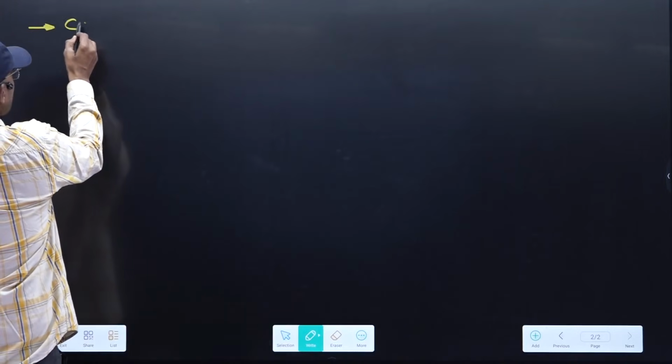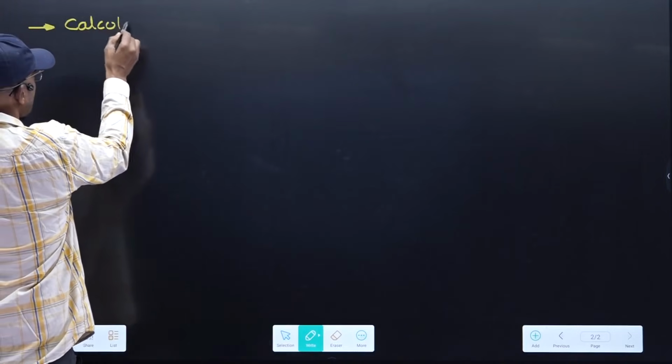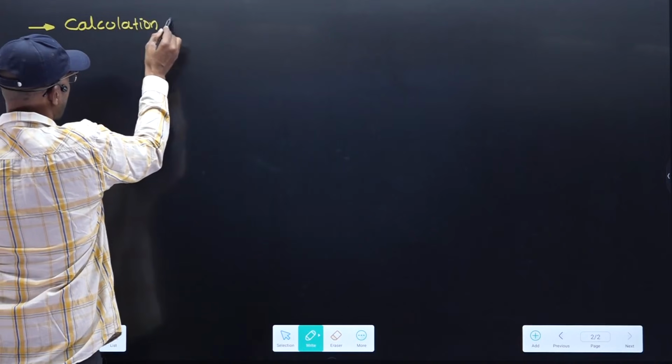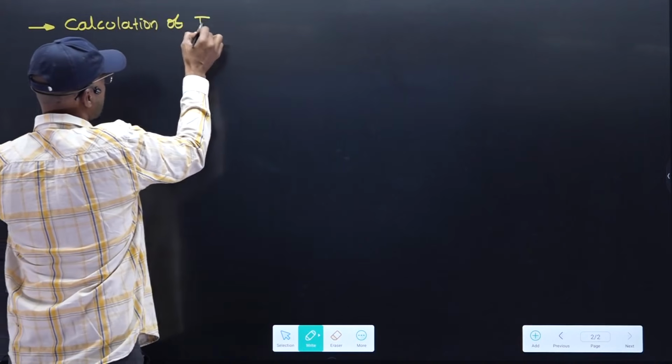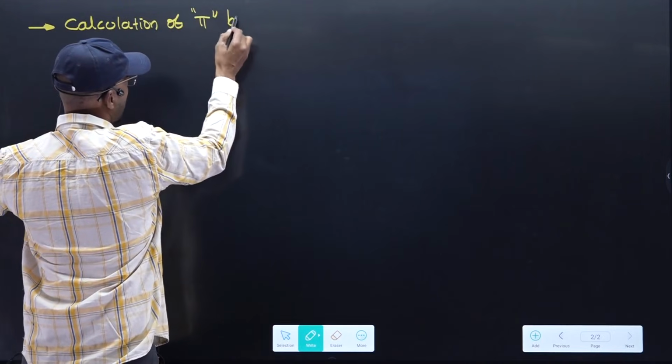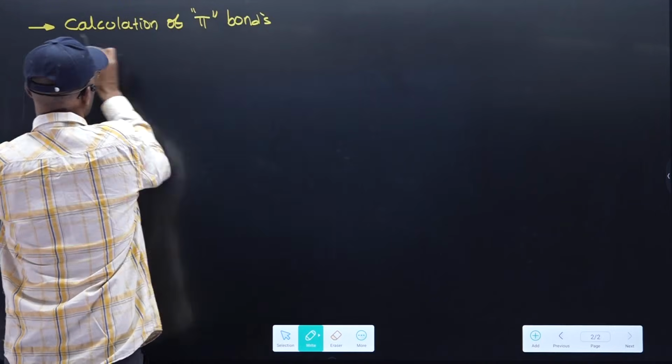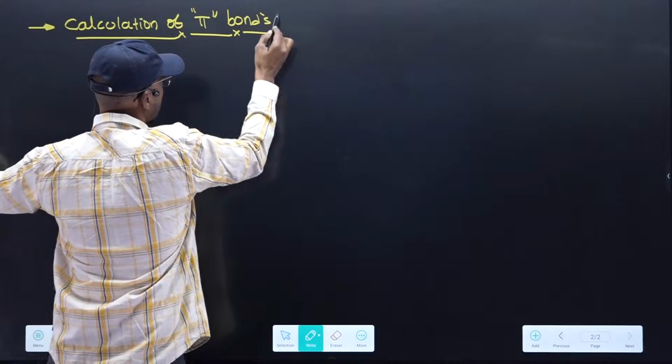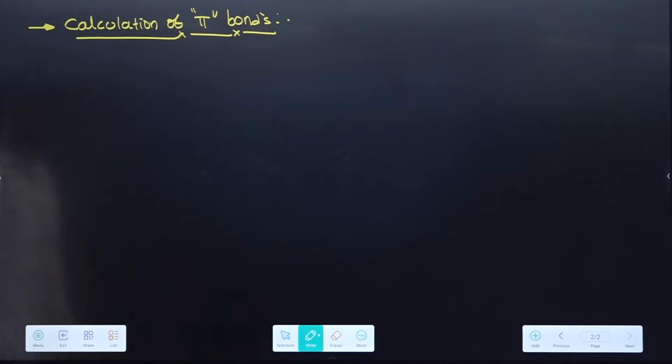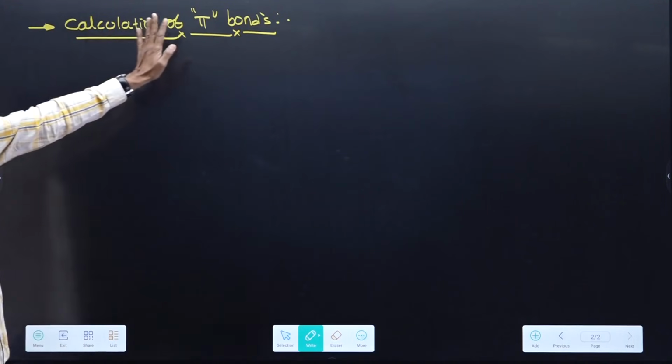So this is one more to calculate. Calculation of pi bonds. How to calculate pi bonds in a given molecule. This is not applicable for rings. Only for open chain it is possible. Formula for only open chain.